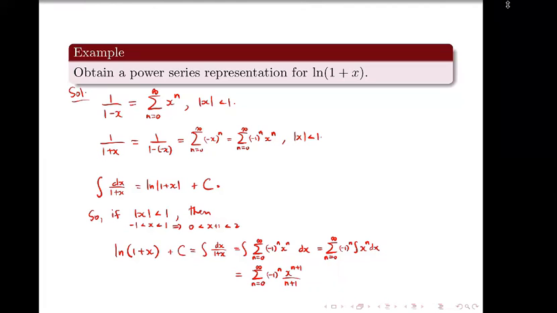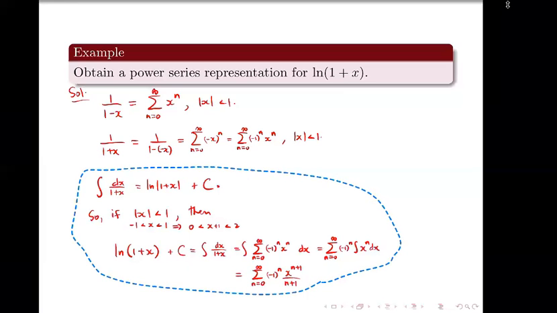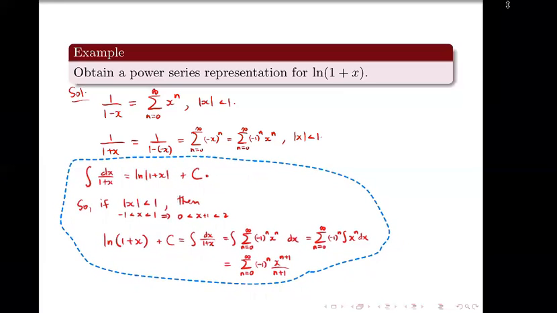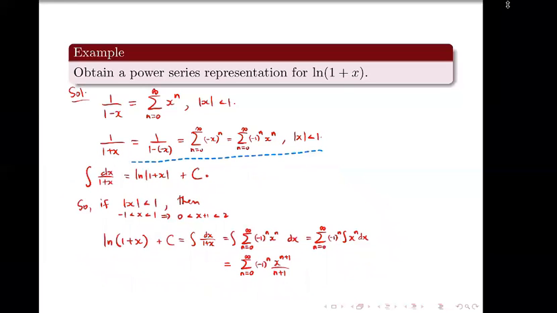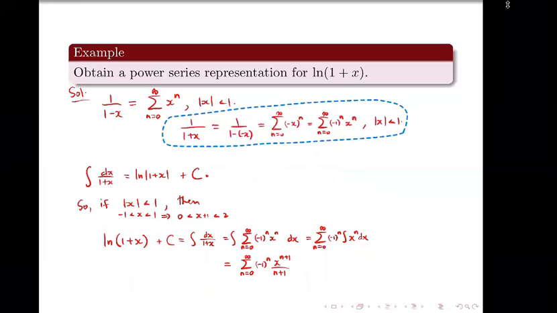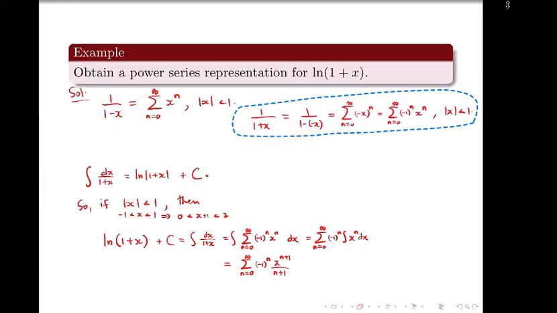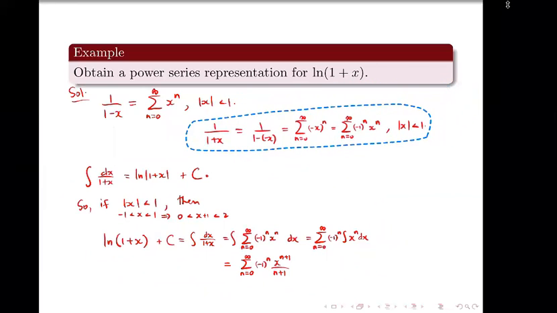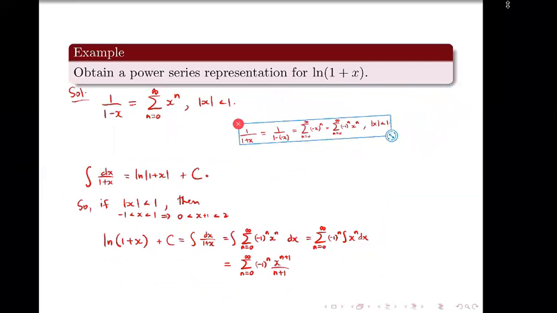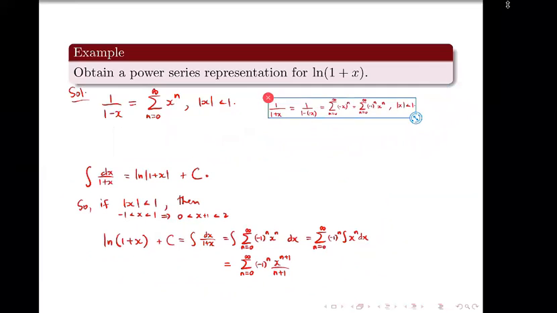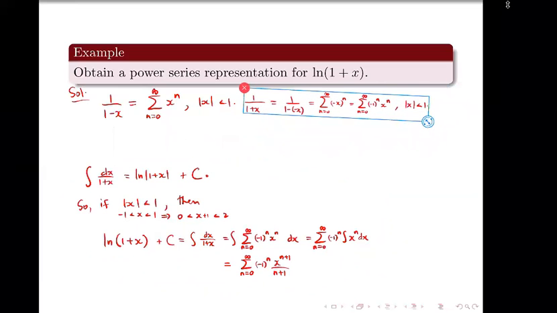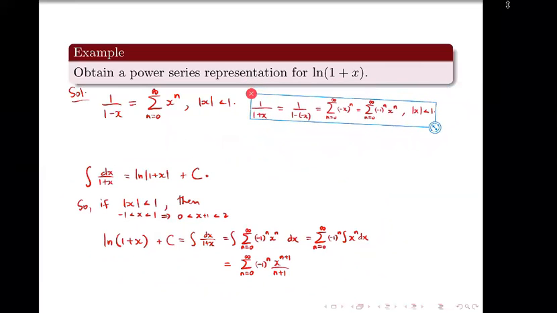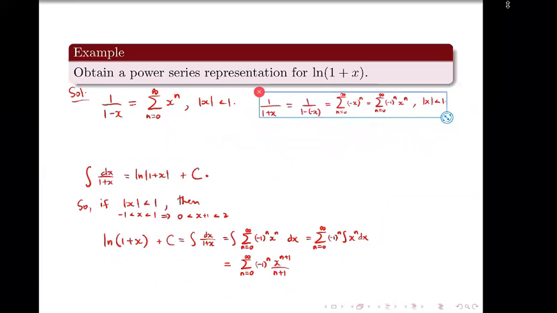Questions so far? Now, the last thing to do here is to identify what this arbitrary constant is. We need to identify that actual constant. In order to identify that, we will use the fact that the equality holds here.